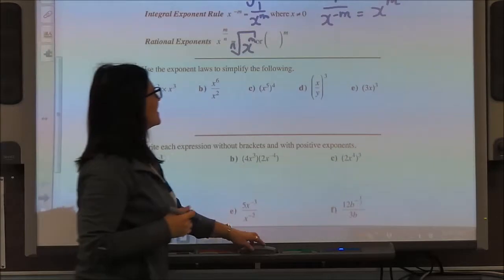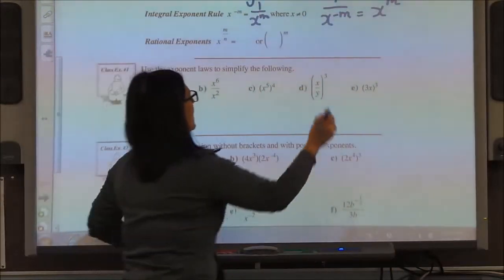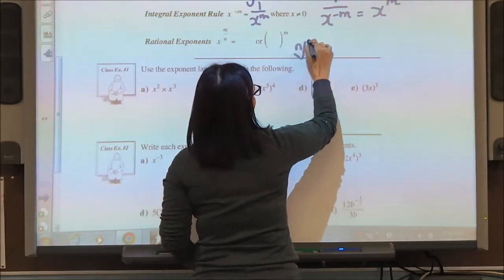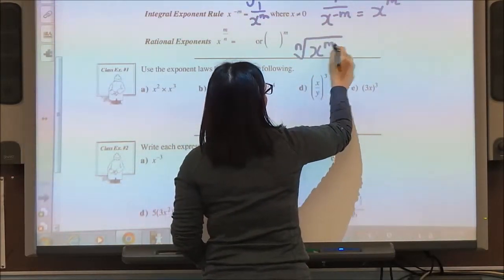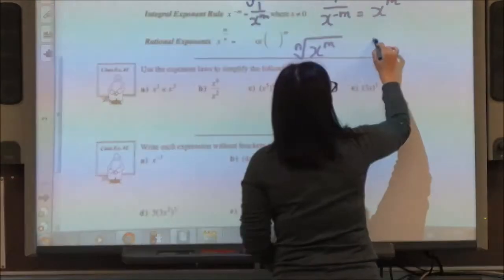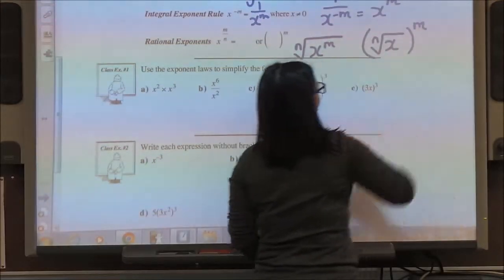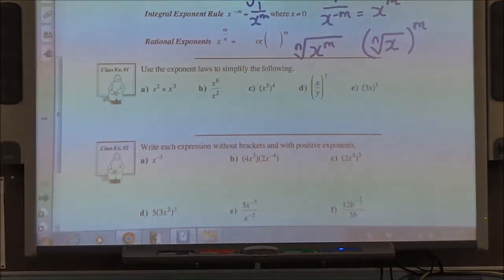So I'm going to rewrite this because it's a little bit squished. There's 2 ways I can write these. I can write it as the nth root of x to the power of m, putting that exponent with x. Or I can say take the nth root of x and then raise that answer to the power of m.